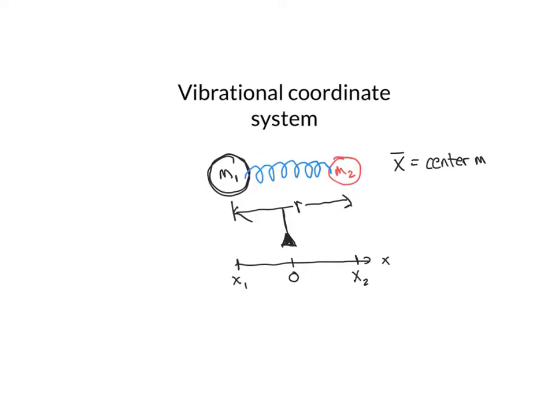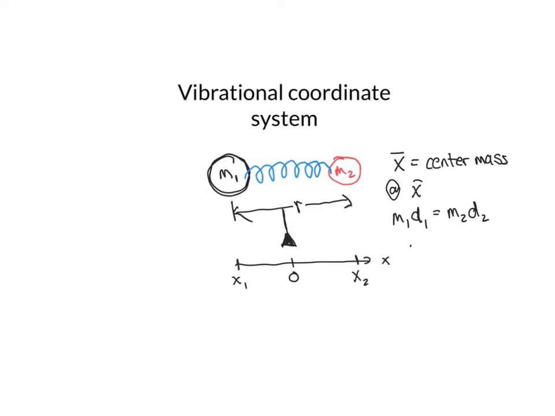So we'll call X bar the center of mass of the system, the X that denotes the center of mass. At X bar, the mass 1 times the distance to X bar is equal to mass 2 times the distance to X bar for that mass.